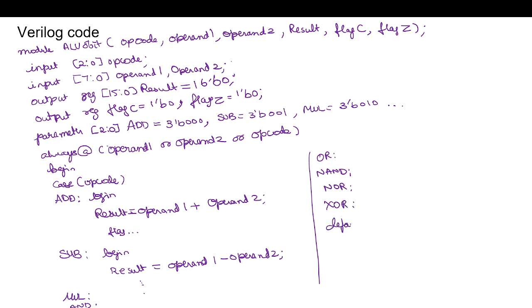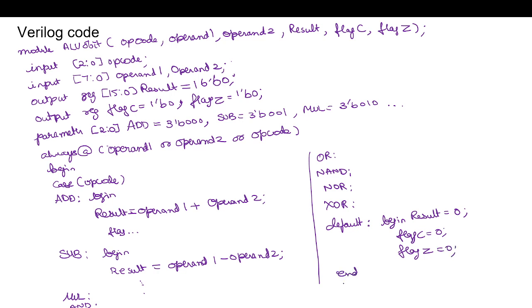Default: if it receives some other input other than these, then it will go to the default value, where you can initialize result equal to 0, flag C equal to 0, flag Z equal to 0.